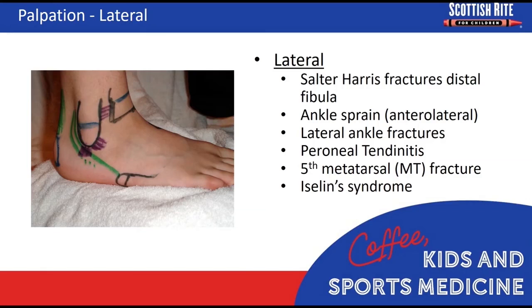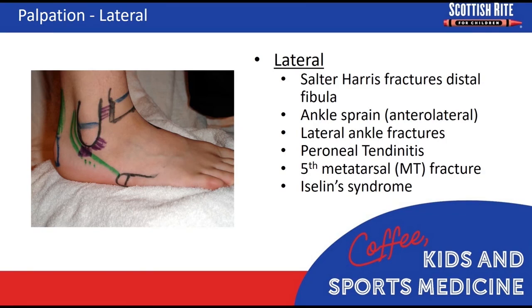And then laterally, we look at the topographic anatomy, and you have the distal fibula. You can get the edge of the distal tibia, the anterior tibiofibular ligament, the anterior talofibular ligament, and the calcaneofibular ligament, as well as the posterior talofibular ligament. And then back here is the peroneal tendon connecting to the fifth metatarsal. So with an inversion injury, any one of these can actually be injured.